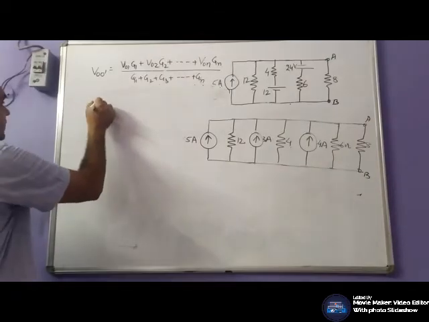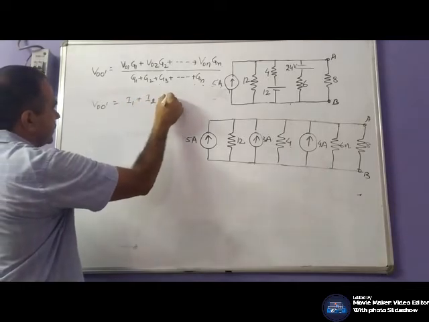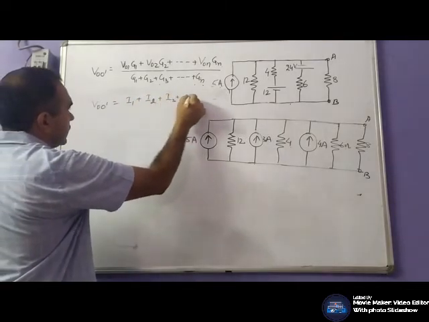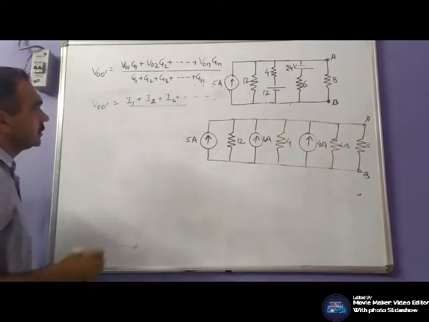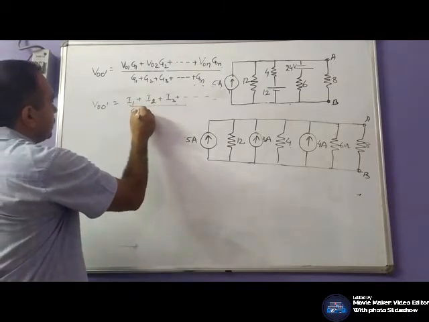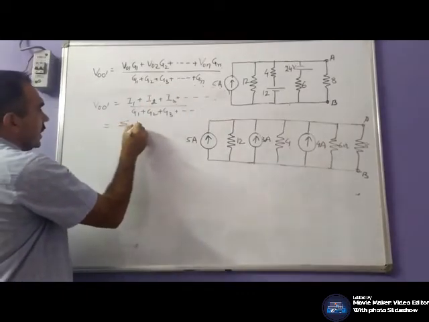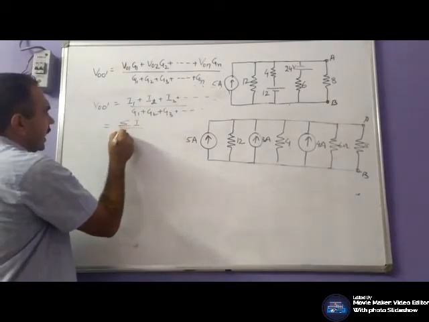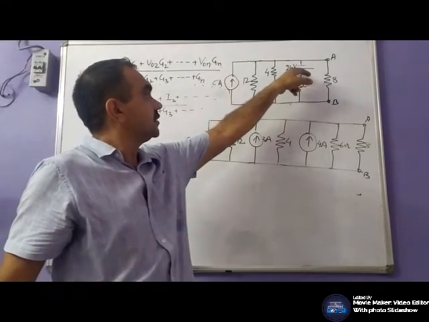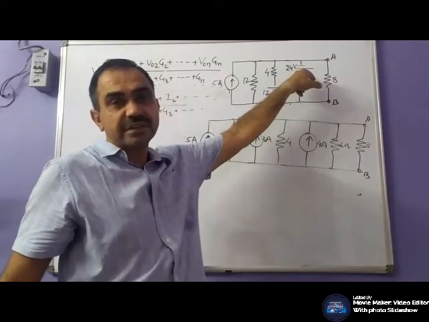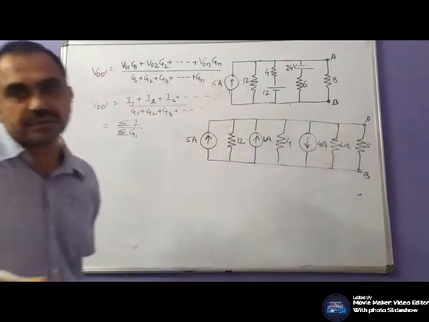So this equation, VO dash, may be written as I1 plus I2 plus I3 and so on, divided by G1 plus G2 plus G3 and so on, or the algebraic sum of currents over the algebraic sum of conductances. See here, polarity was reversed, so this would be the direction of current in that current source.